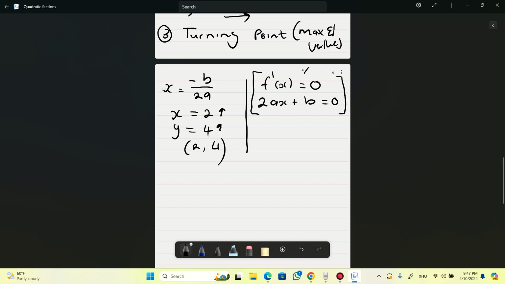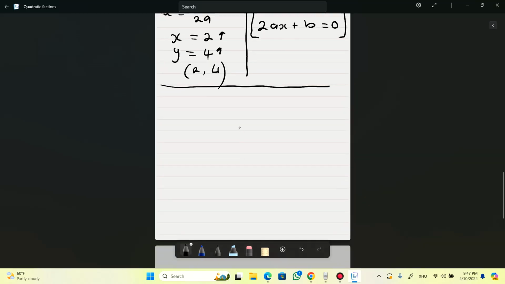It's very important. You can write this equation in the notes, and yeah, so that's the other way to find your x value of the turning point, right? And then you are done. You just sketch the graph, right?